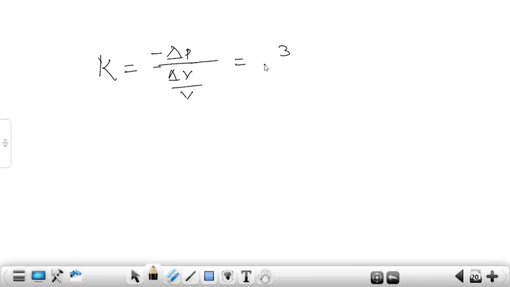So converting to Newton per meter square, 3 into 10 to the 6, and the change in volume given 0.1%, that means 0.001. So the answer will be 3 into 10 to the 6 divided by 0.001.